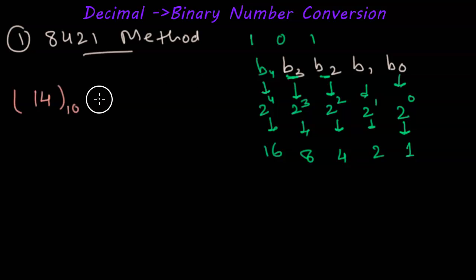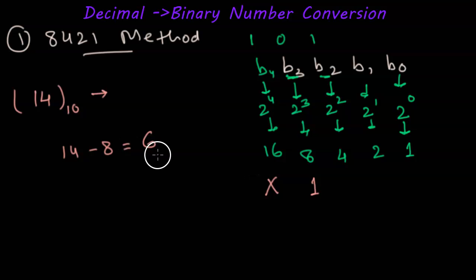Now 14, what we have to represent over here is the maximum it can go. So 16 is more than 14. Hence, we will not be considering 16 in this place. The next maximum number below 14 is 8. So let's take 8. That means now we have represented 8. So 14 minus 8, how much is remaining? 6.